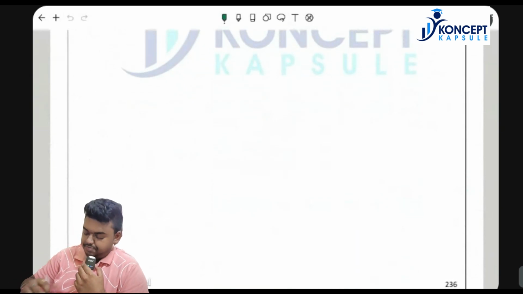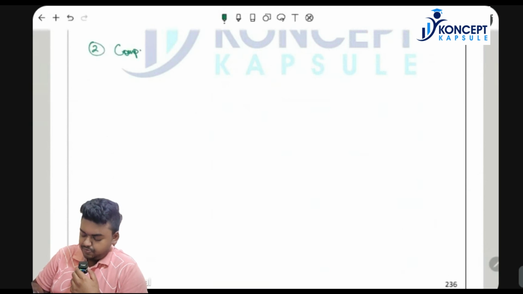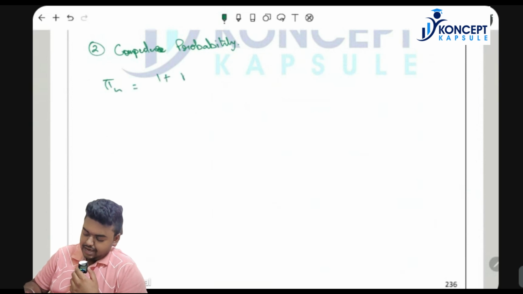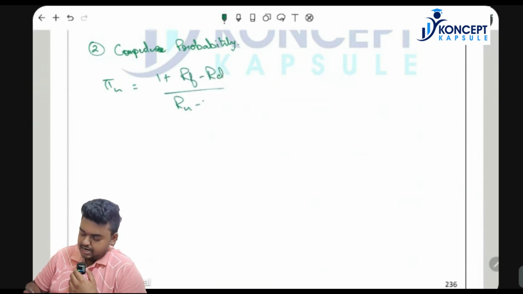The second step will be to compute the probability. What is the probability of up move? It is 1 plus RF minus RD, divided by RU minus RD.